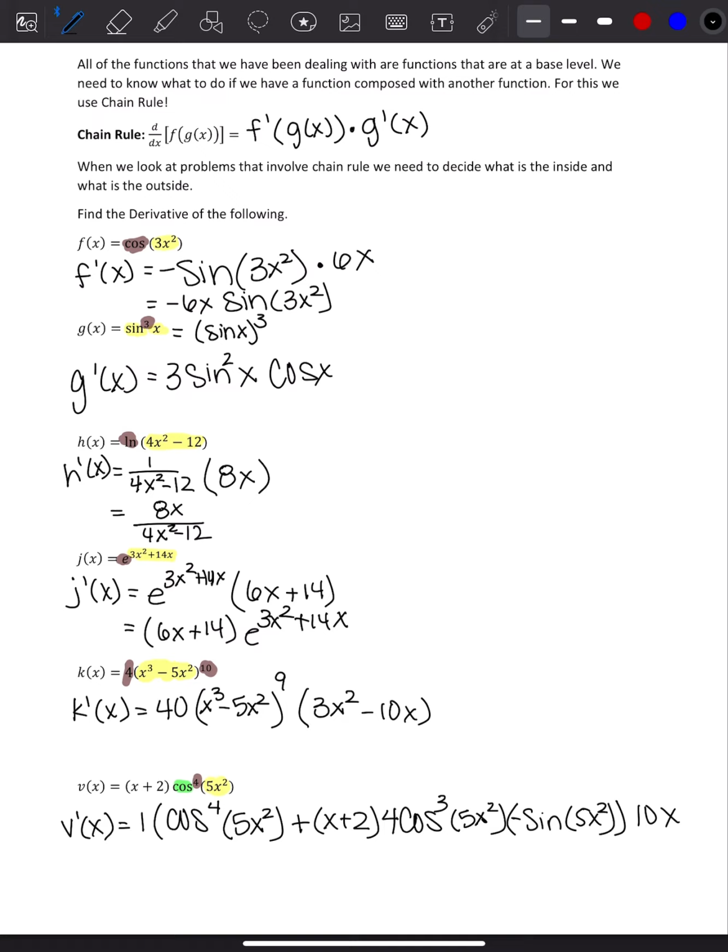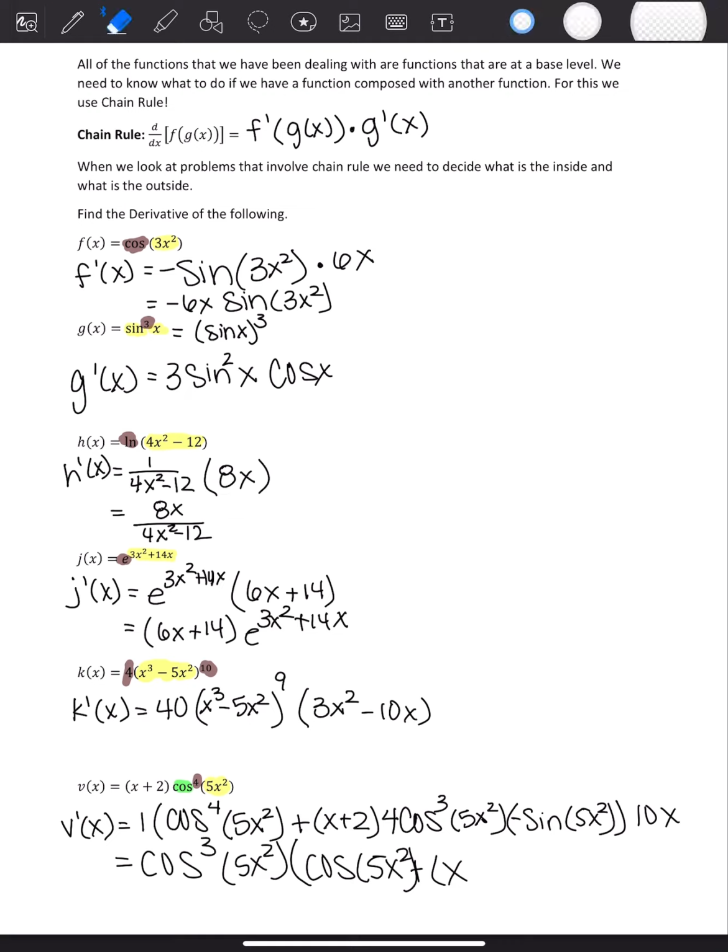I could absolutely rewrite this. One of the things that could be nice is to take out things that are common, so pulling out a cosine to the 3rd power of 5x squared. If I did that, it would look like cosine of 5x squared times x plus 2.